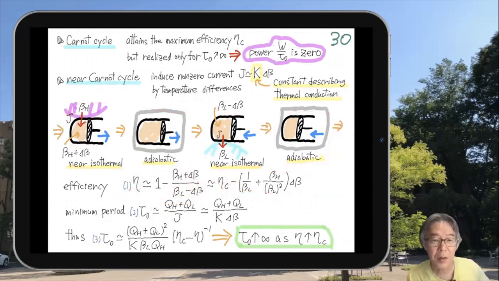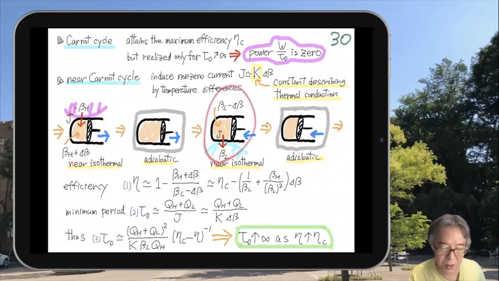Now I ask, what is the minimum period required for this near Carnot cycle? As I said, the important processes are these isothermal processes or near isothermal processes. So I will consider the time required for this heat transfer.